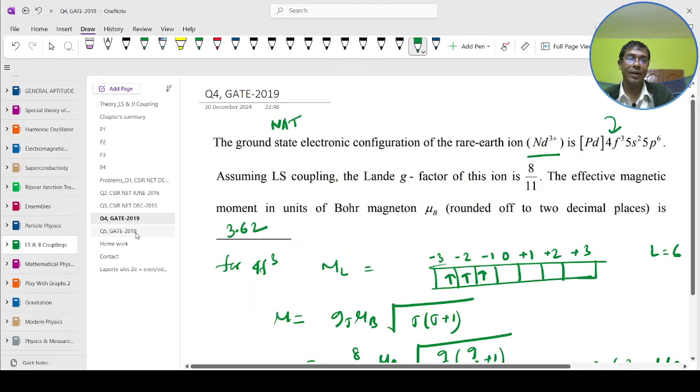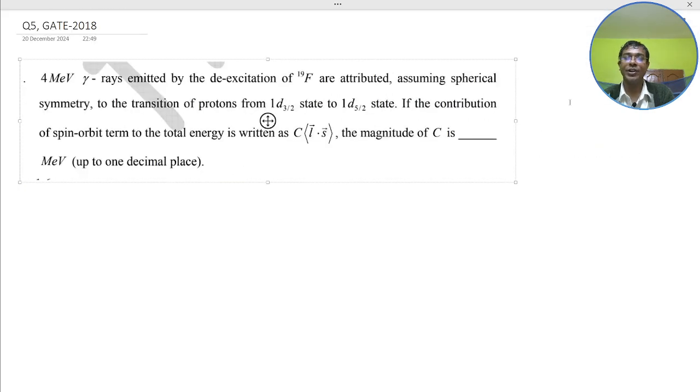Next one, coming in GATE 2018, is saying that 4 mega electron volt gamma ray emitted by the de-excitation of F19 are attributed, assuming spherical symmetry, to the transitions of protons from 1d 3 by 2 state to 1d 5 by 2 state.